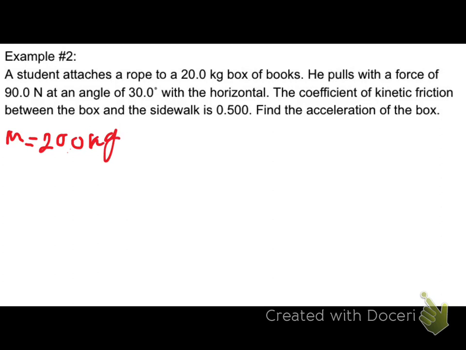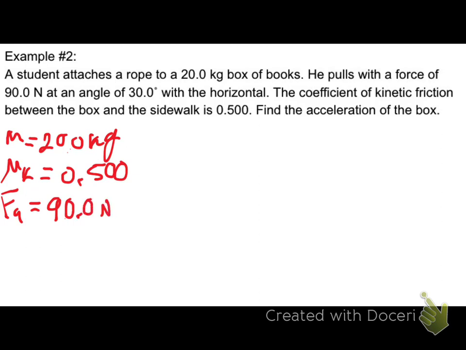We know the coefficient of kinetic friction, 0.500. And we know the applied force, we'll call that force A. That's 90 newtons at theta of 30 degrees. So what we're solving for is acceleration.